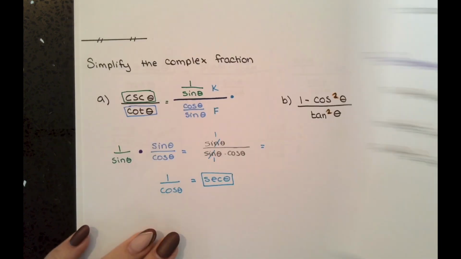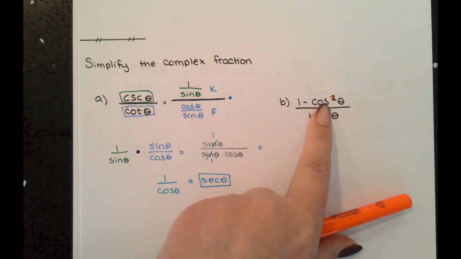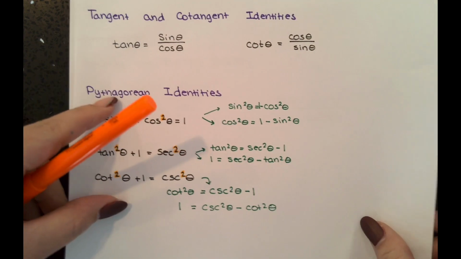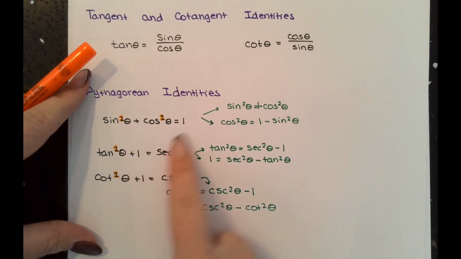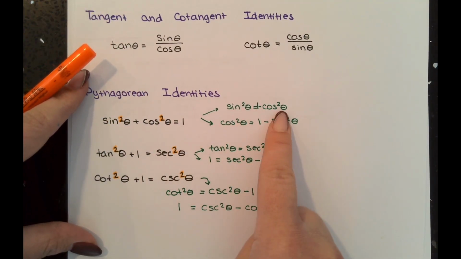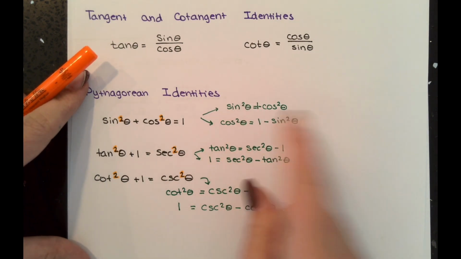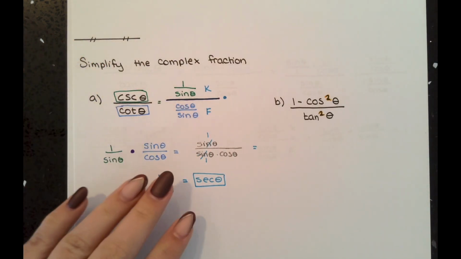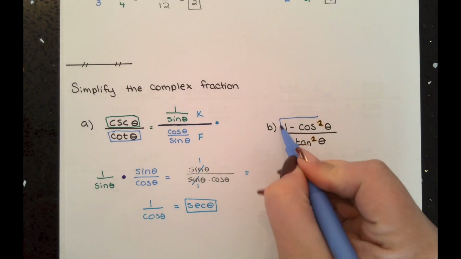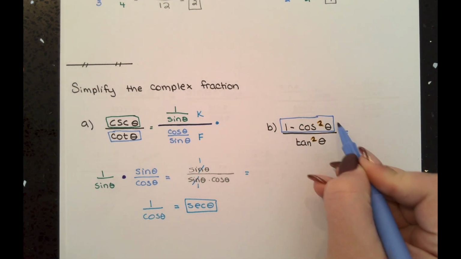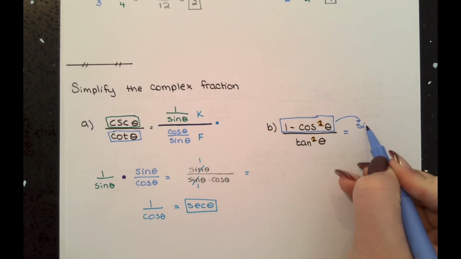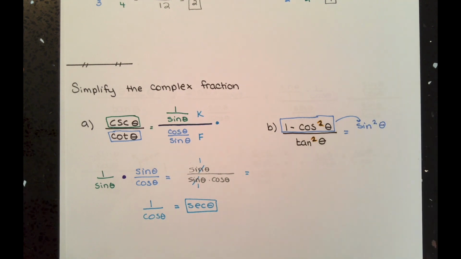We have a 1 minus cosine squared of theta. Do we have that as one of our identities? We do. 1 minus cosine squared of theta is equal to sine squared of theta. So we're going to rewrite all of this as sine squared of theta.